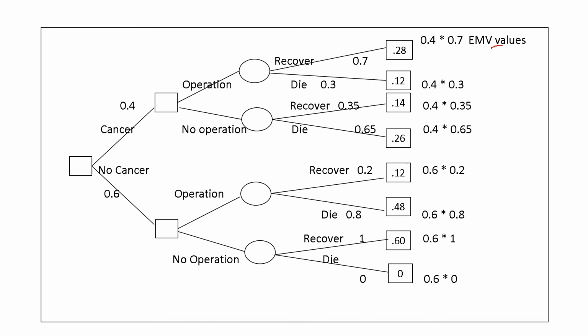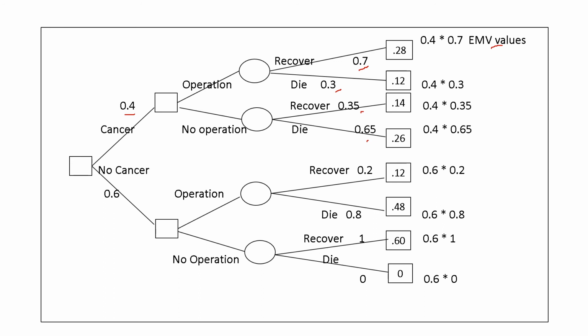For the first case, cancer chance, operation and recovery, EMV value we find by multiplying 0.4 into 0.7, that is 0.28. Next is 0.3 into 0.4, that is 0.12. Next is 0.4 into 0.35, that is 0.14. Next again 0.4 into 0.65, 0.26.